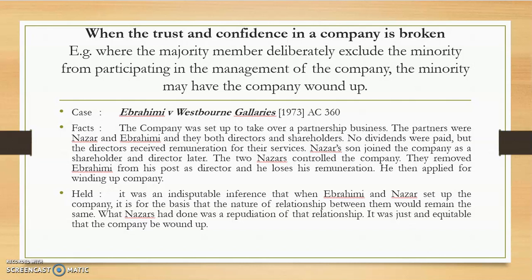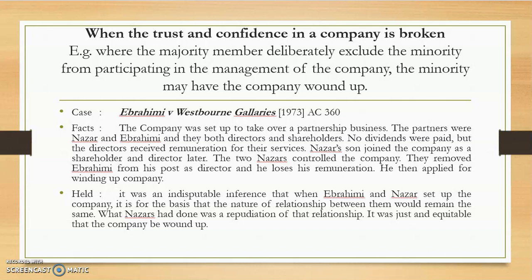No dividends were paid, but they received a remuneration. Later on, Nazar's son joined the company as a shareholder and director. So basically the company came under Nazar's control, and eventually they removed Ebrahimi from his post as director, and he lost his remuneration. So Ebrahimi applied for winding up of the company.